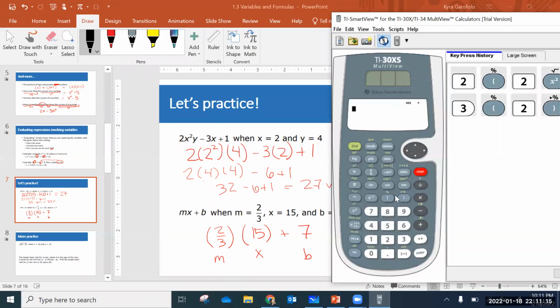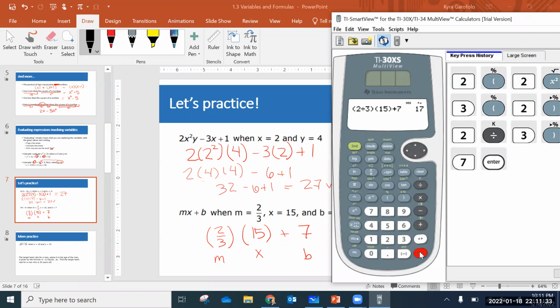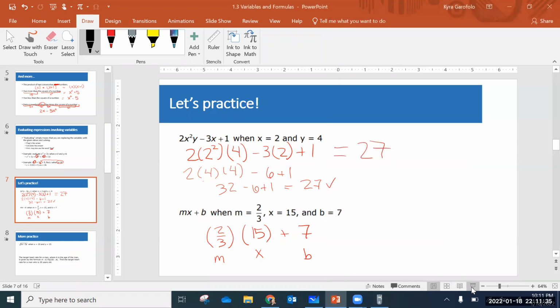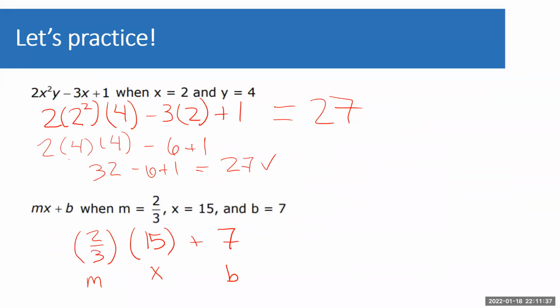Let's clear that earlier one out. Let's say, okay, well, we want 2/3 times 15 plus 7, enter. And it's going to be 17. So this will evaluate to be 17.